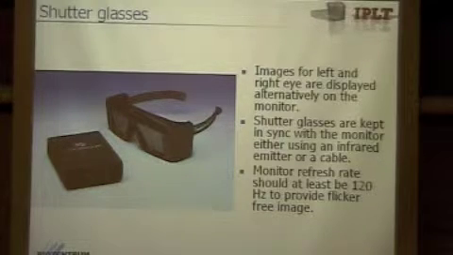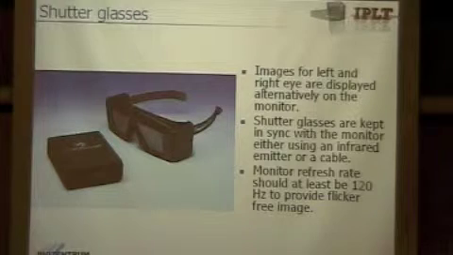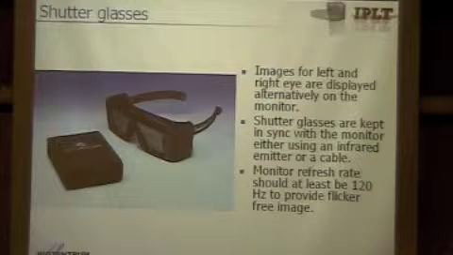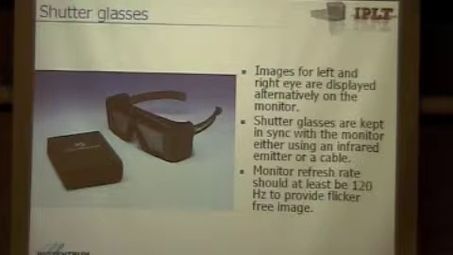It does that very fast, preferably at something like 120 Hertz, so you have a flicker-free image. The shutter glasses are synchronized to the monitor, so that if the left image is displayed, your right eye is covered, and you see just the left image with your left eye.